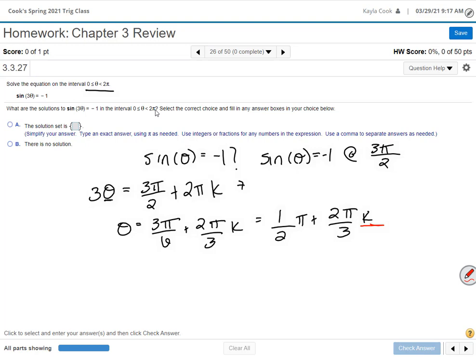So for k equals 0, I get just 1/2 of pi, or pi halves.